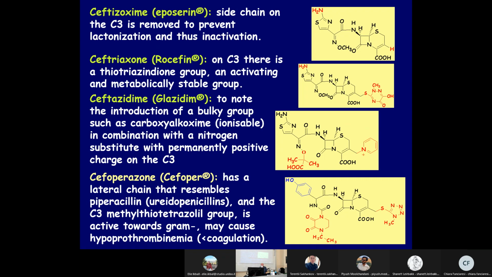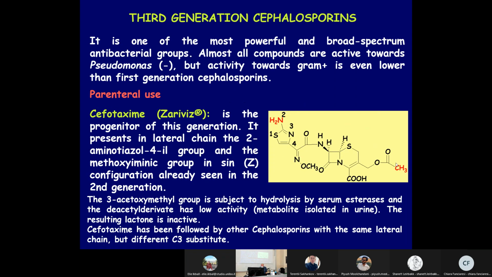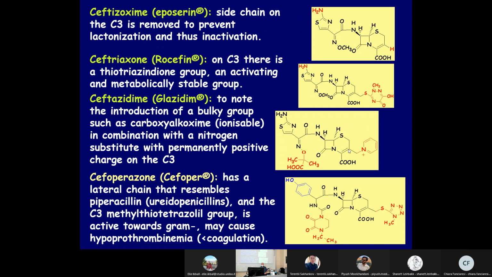So please remember only this small difference, not the whole molecules of the different cephalosporins, because I know it's like the phone book, so it's not useful for you, but just to have an idea. The modification in the third generation is represented by the introduction of this aminothiazole group and by this type of oxime, you see, able to give the resistance against beta-lactamases.